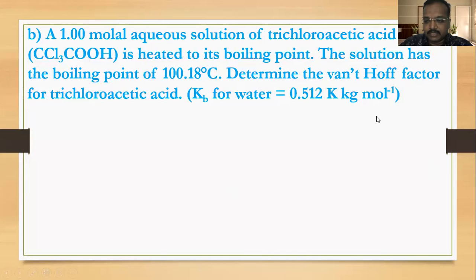We are also given the Kb value. Kb for water is 0.512. When I was teaching, I told you Kb will be given in the question in brackets. So Kb is given. What is Kb?